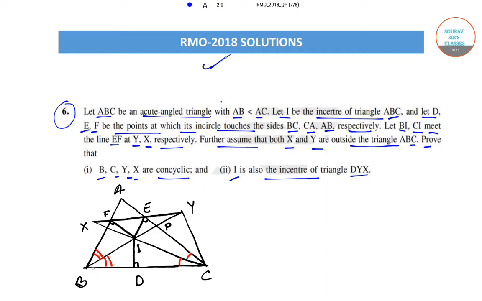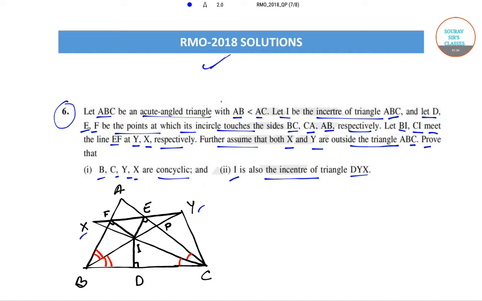CA and AB respectively. Now this BI and this CI meet the line EF, when the line EF is extrapolated, at the points Y and X respectively. It has been assumed, and also shown in the figure, that X and Y are outside the triangle ABC.